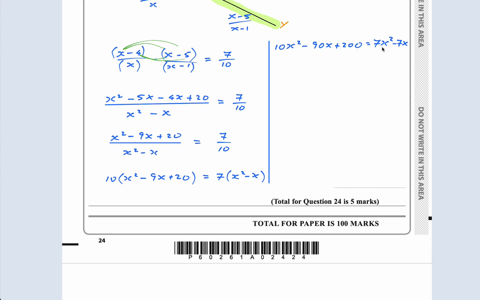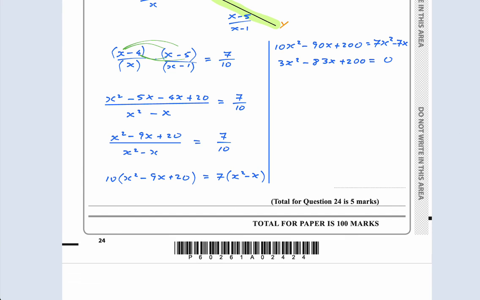Rearrange. 10x squared minus 7x squared is 3x squared. Minus 90 plus 7 will give me negative 83x plus 200 equals 0.